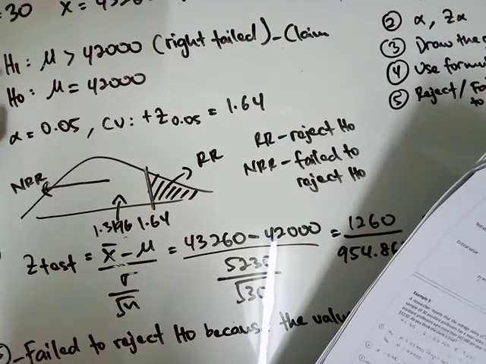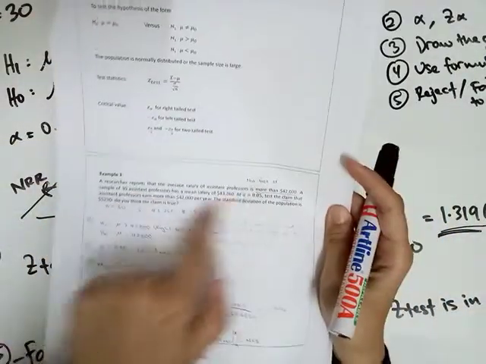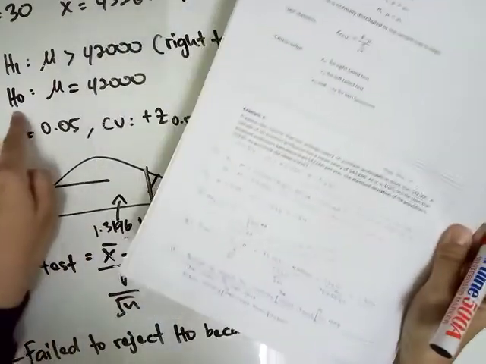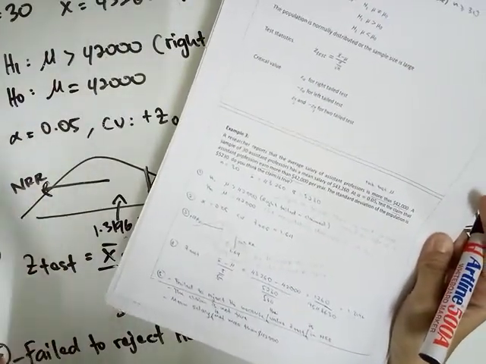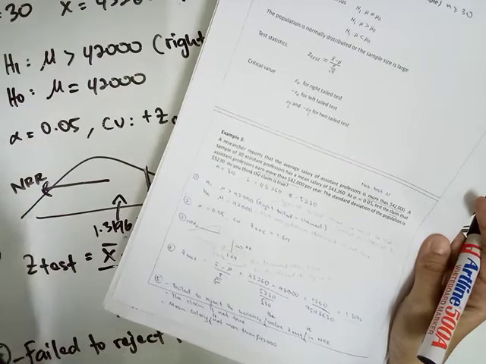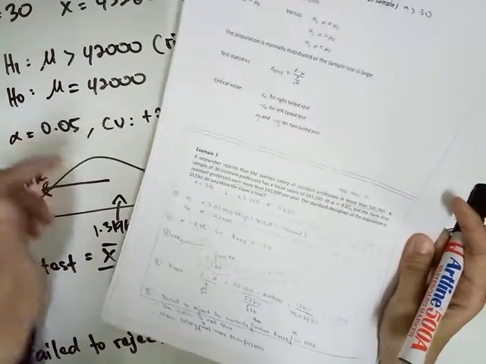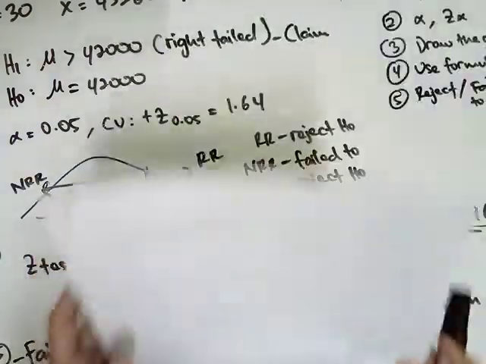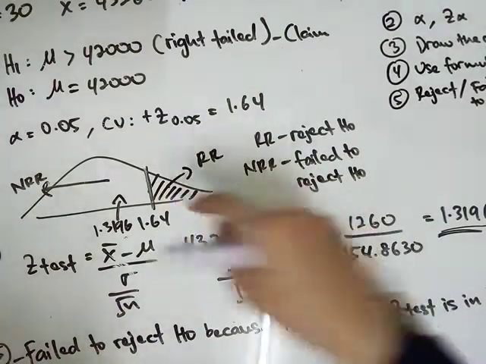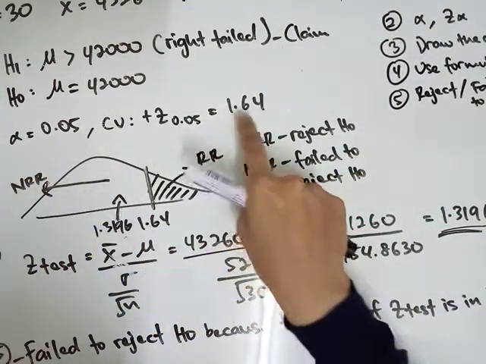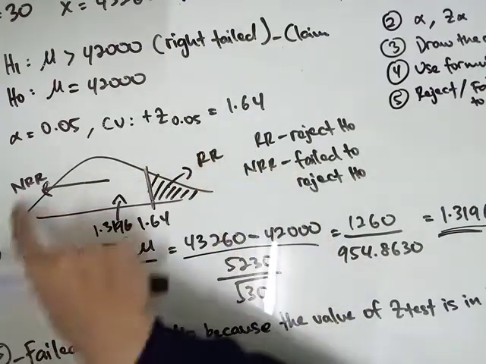And then apa function H note? H note ni dia nak mengatakan yang statement H1 ni is not true. Okay, H note ni dia opposite pendapat. So we need to test. Dia dah bagi alpha, and then we need to find the critical value, and then we need to draw the graph.